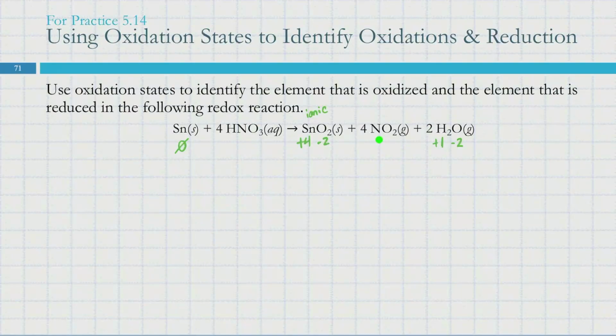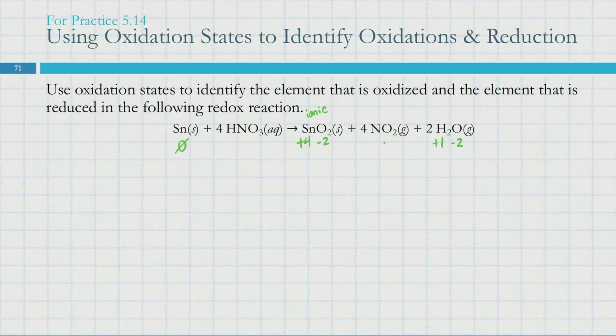And then I'll do NO2 next, because I think that's a little easier than HNO3. So NO2 is neutral, so it's going to have an overall 0 charge. Oxygen shows up on our list. Fluorine, hydrogen, oxygen, then 7A, 6A, 5A. 5A would be where nitrogen shows up, so nitrogen gets to just take whatever.